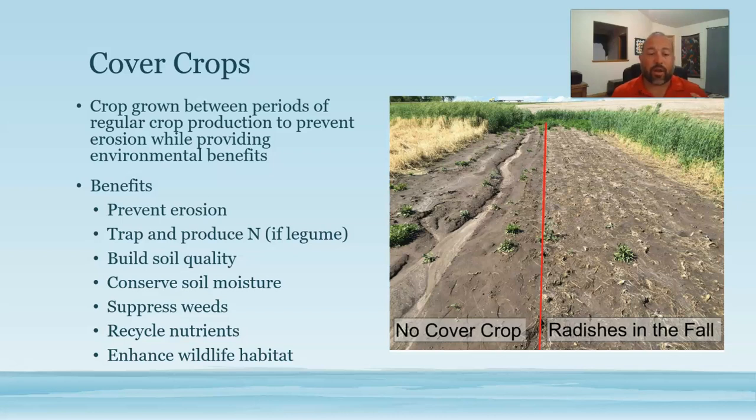You're going to conserve soil moisture because, like I said before, if you've got plants on the soil and plants going into the soil, it's basically going to act as a mulch. You're going to suppress weeds from growing in those areas. You're going to recycle more nutrients, and you're going to enhance wildlife habitat. Fantastic. All really, really good benefits.